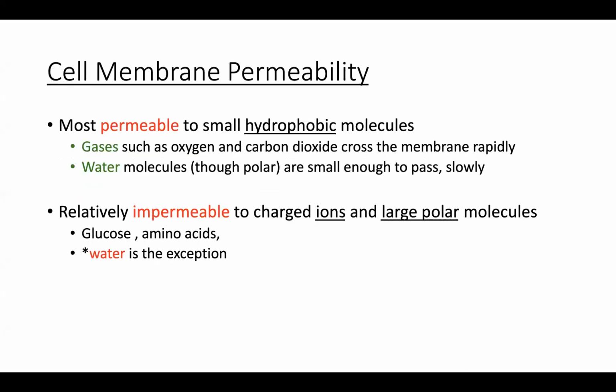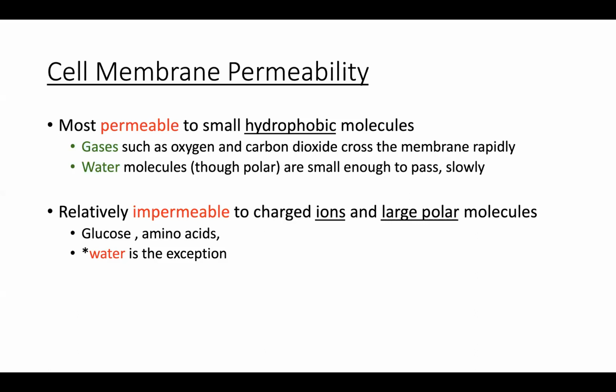So we're clear that our plasma membrane in biological systems is a highly selective permeability barrier. Okay, so things that are most permeable, as I mentioned before, are going to be small hydrophobic molecules such as gases, oxygen, carbon dioxide, that can cross the membrane pretty rapidly, easily, without too much assistance. Water molecules are an exception in terms of being nonpolar.